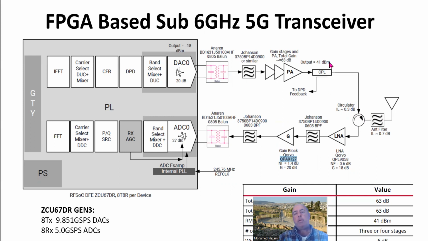Now, with this system, typically, if you're operating at, say, 40 dBm, with the DACs in here, in this example that I captured from the Zynq app notes, you could go out with minus 18 dBm. This is a backed-off signal due to the high peak-to-average ratio and including headroom for the pre-distorter.